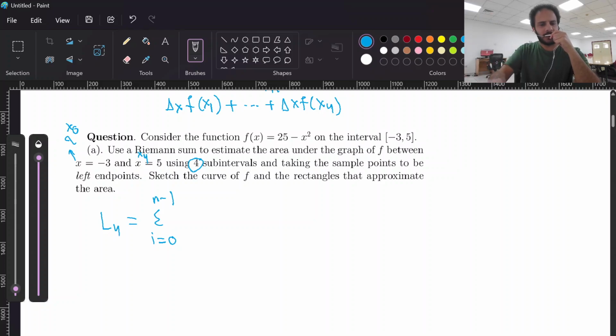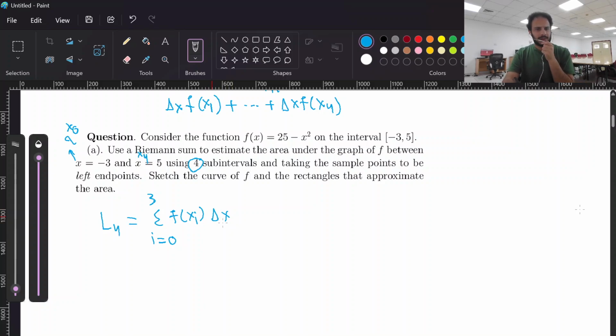But n equals 4, so 4 minus 1 is 3, so you stop at 3. Then f of xi, the area of each rectangle, f of xi times delta x.